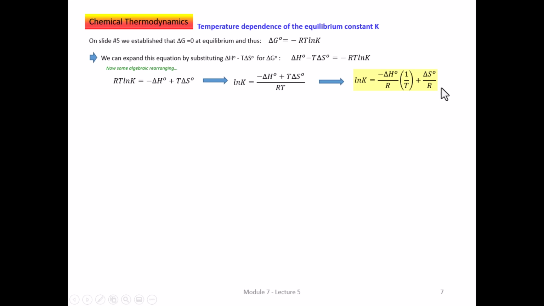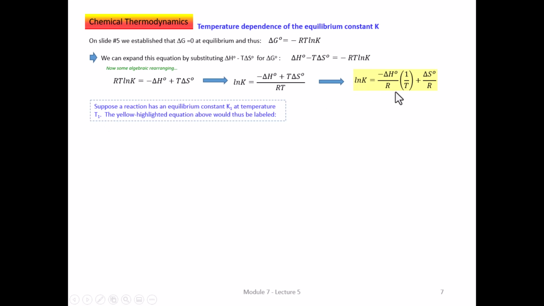We're not going to make that graph at the moment, but what we are going to do is rewrite this equation labeling K, K1, and T, T1. So in essence, we're saying, let's suppose a reaction has an equilibrium constant K1 at temperature T1.